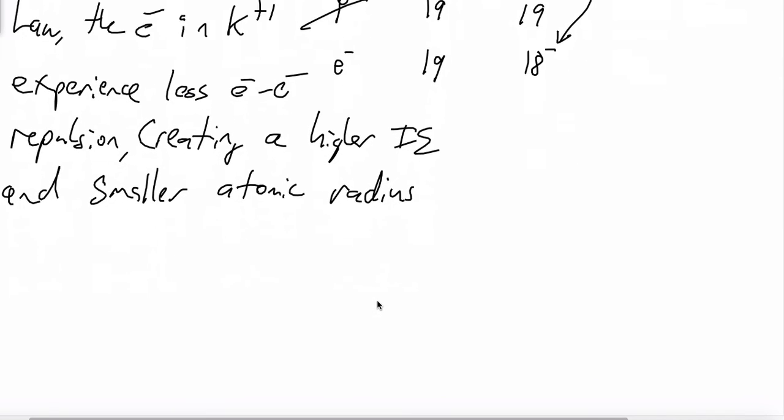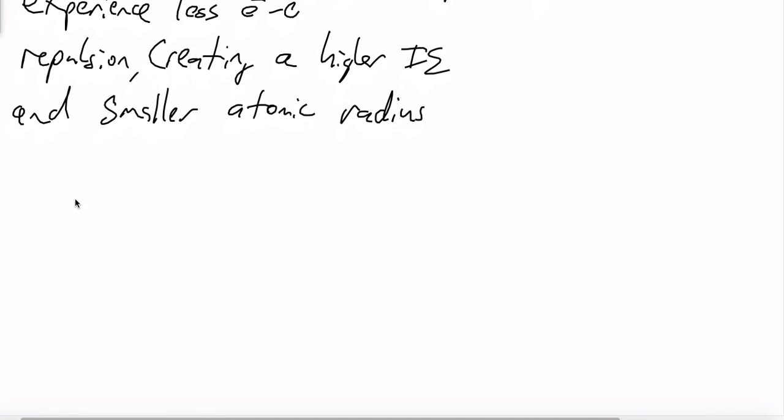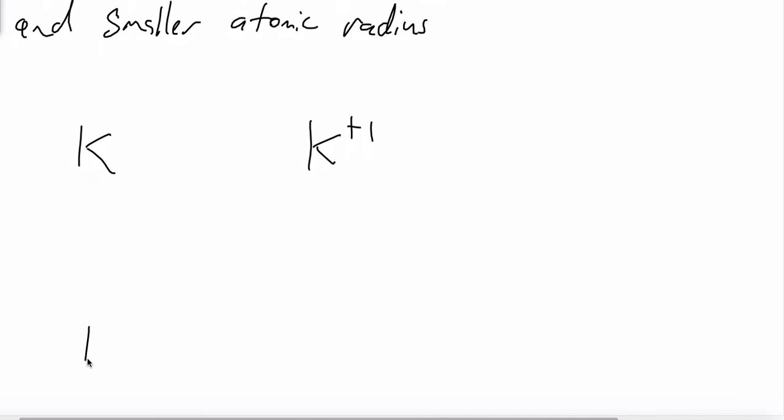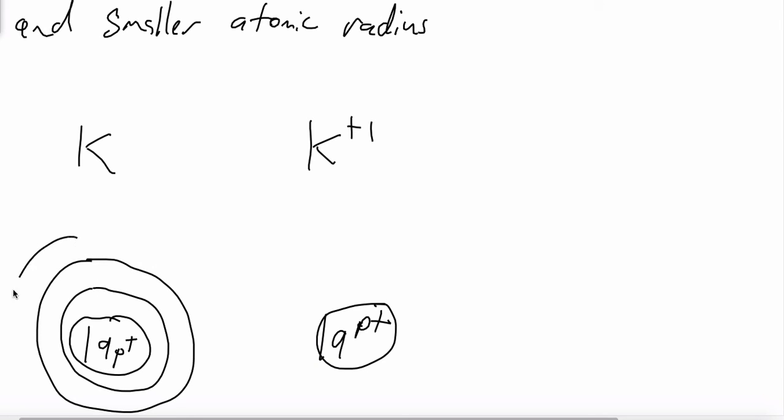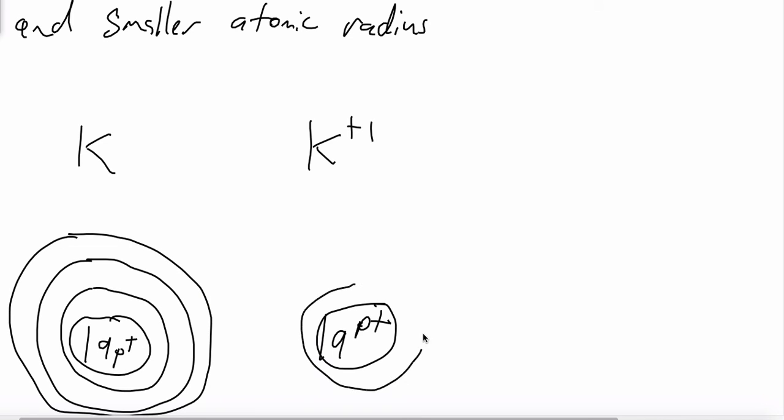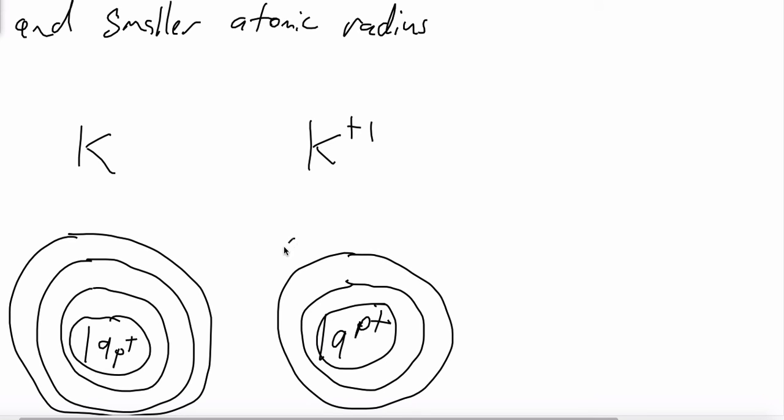And we can draw a picture of that here. It's kind of trickier to draw a picture of it, because they both have 19 protons, but let's try and do it. 19p+. This one is going to have 1, 2, 3. And this one has 1, 2, and the third one out there is actually empty.